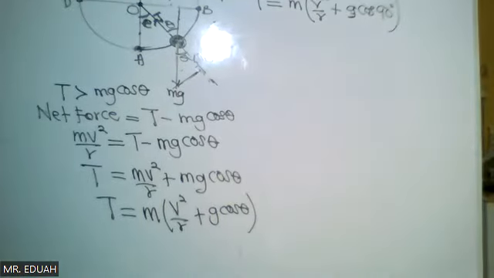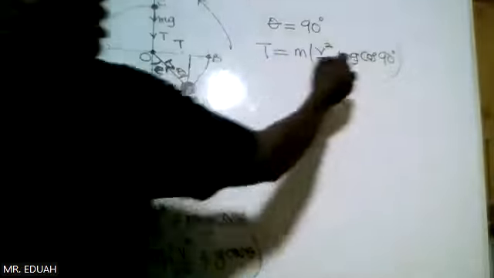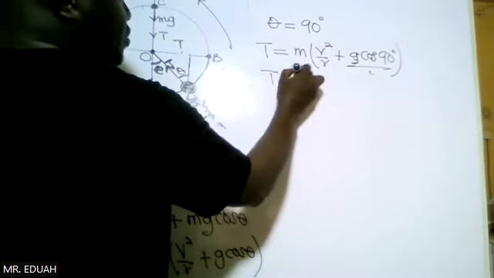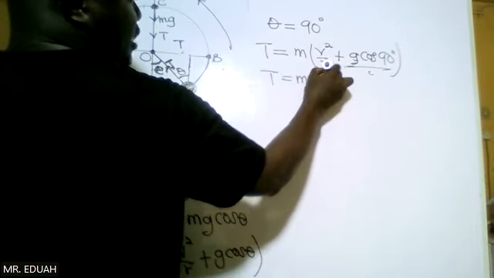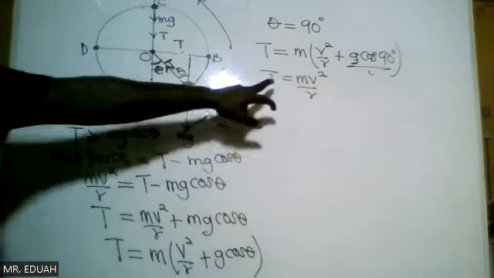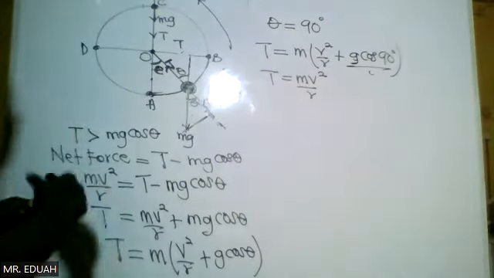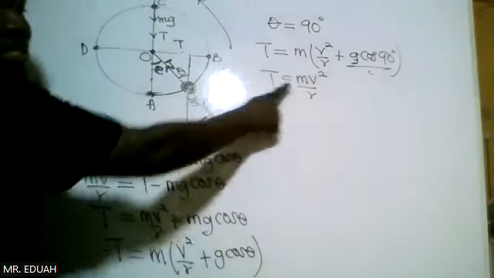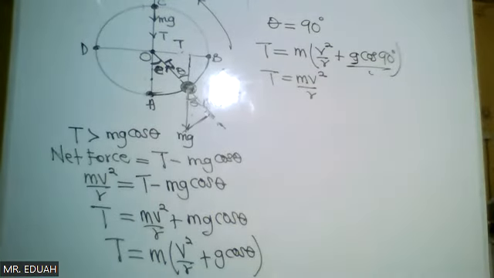Cos 90 is 0, and so all this part goes to 0. So we have T equal to mv squared over R. And that is what I said earlier, that when the body is here, the tension provides the centripetal force. So T is equal to that.